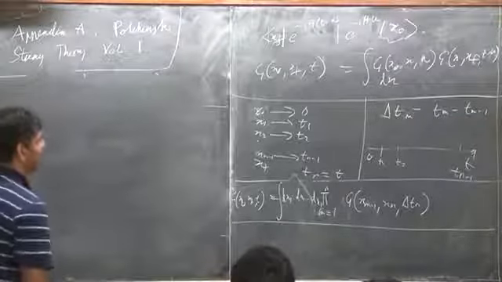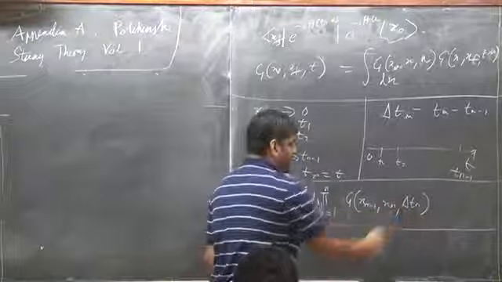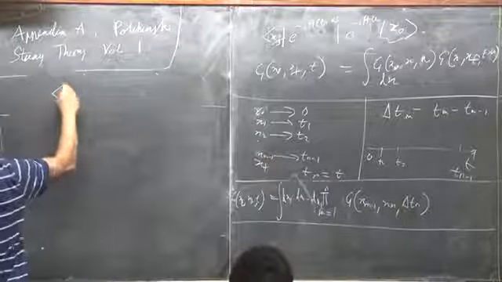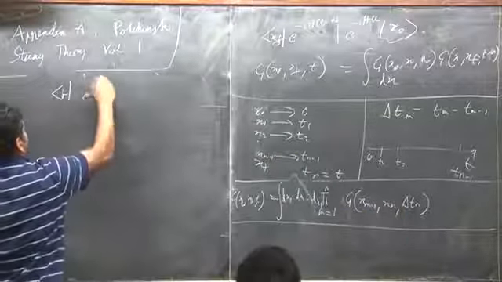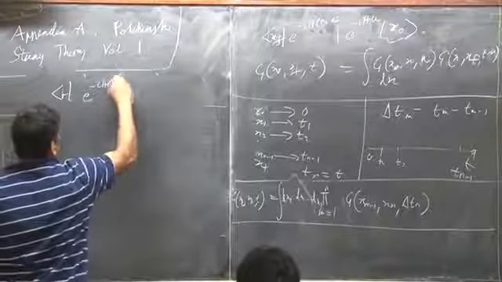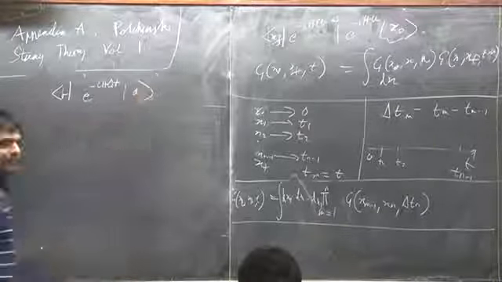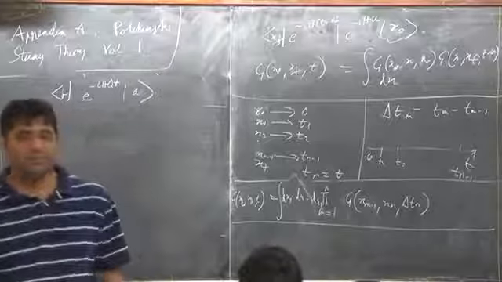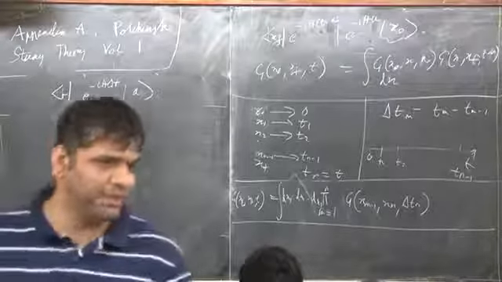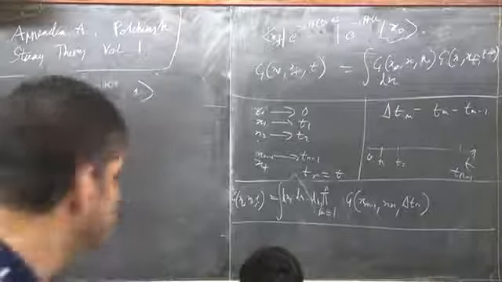What we want to do is compute this evolution operator, e to the power minus i H delta t. And when delta t is some infinitesimal object, we want to work to first order in delta t.